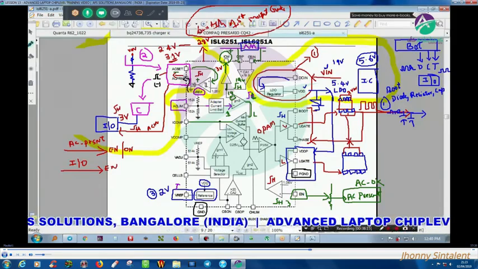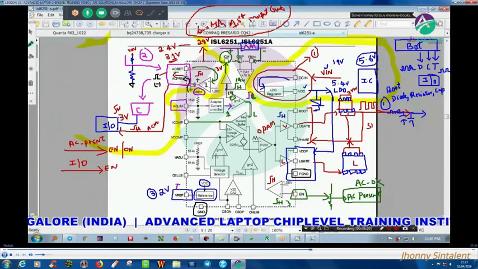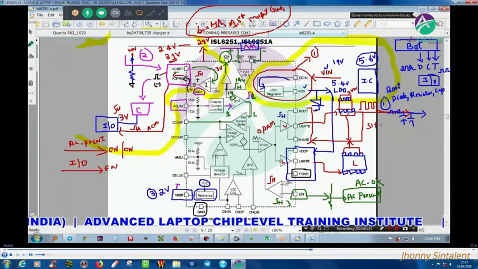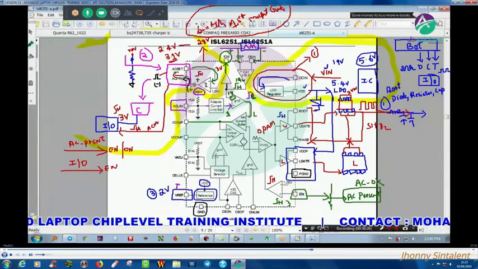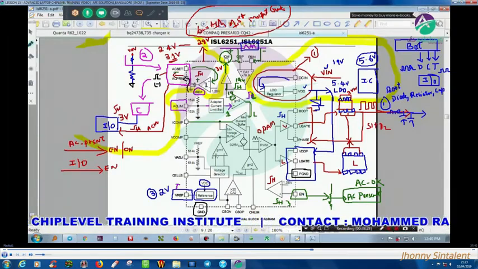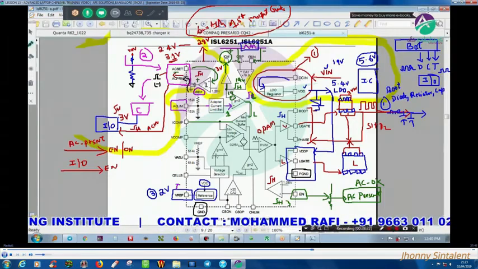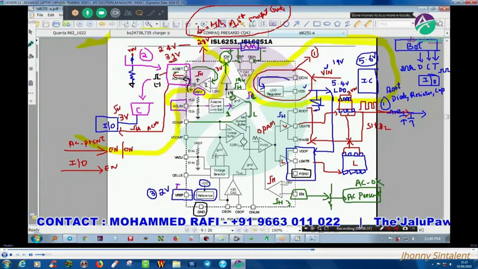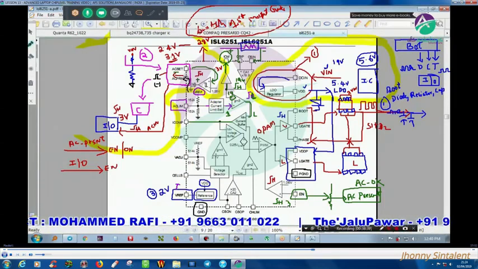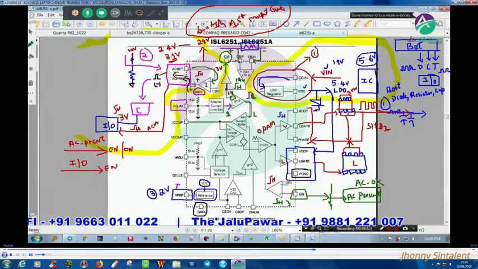So upper MOSFET source, that means S1, lower MOSFET drain means D2. First MOSFET source I will call S1, second MOSFET drain, that's why I called it 2.